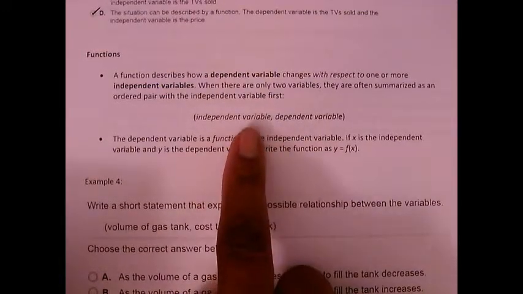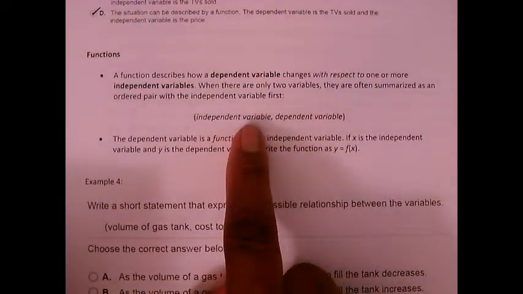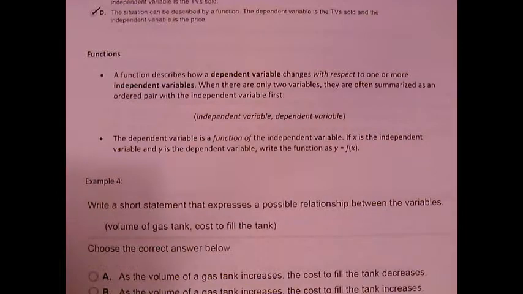So here the independent variable comes first, your dependent variable comes second in the ordered pair. So the dependent variable is a function of the independent variable. If x is the independent variable and y is your dependent variable, we write the function as y equals f of x.